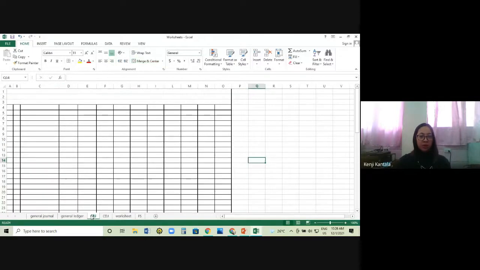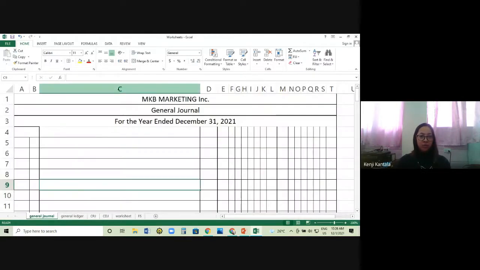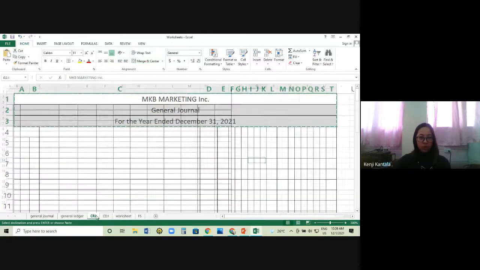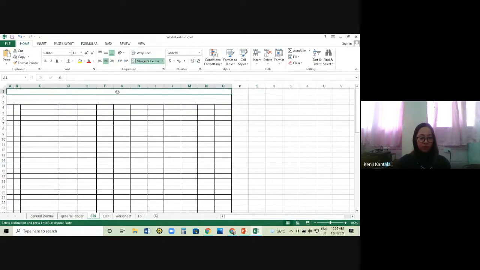Then, we have our third book. We have cash receipts journal. So, as a while ago, we copy that for our first 3 rows.